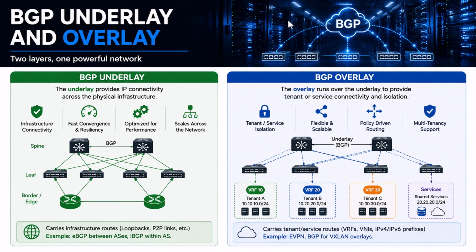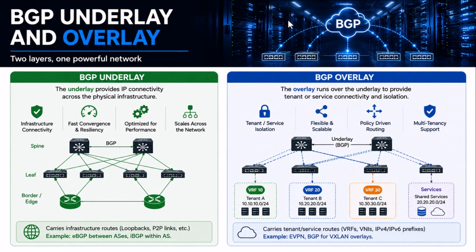Now, on top of that underlay, we can build an overlay. The overlay provides logical services. For example, tenant networks, VRFs, VXLAN segments, or EVPN routes. So you can think of it this way: the underlay moves packets between devices. The overlay carries the logical services on top of that connectivity.